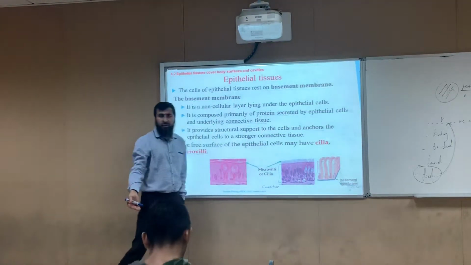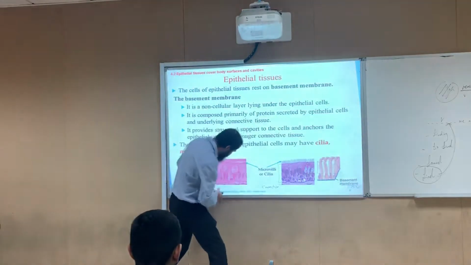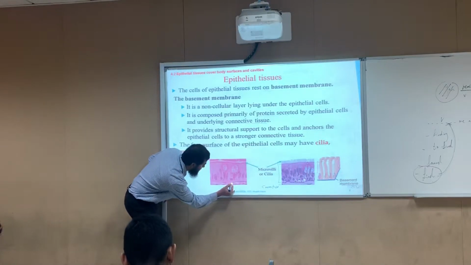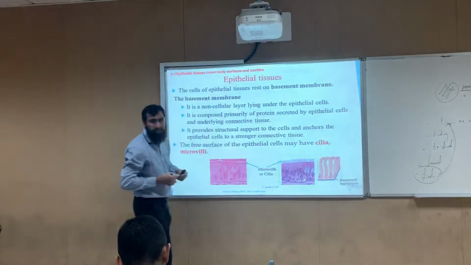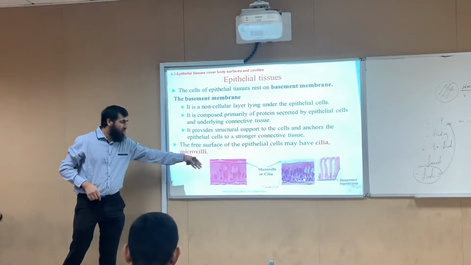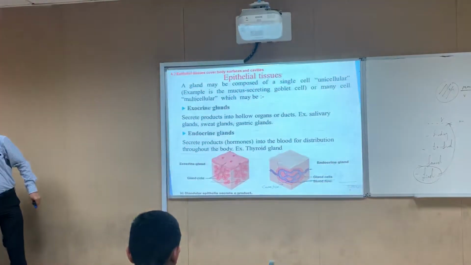That's what it means. So the basement membrane is this, here you can see it. Here, you see that? Sometimes it depends on how the tissue is stained in the section. Sometimes it's very clear, sometimes it's not that clear. So we will.